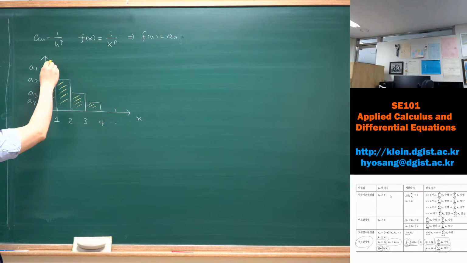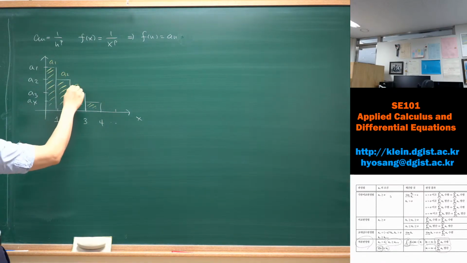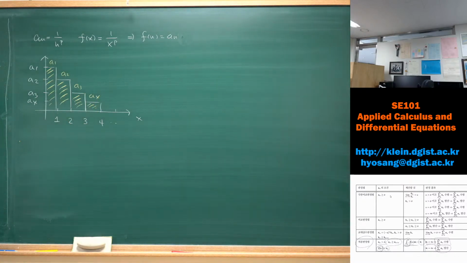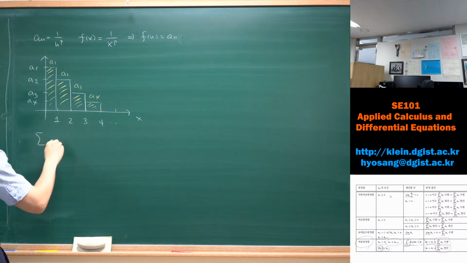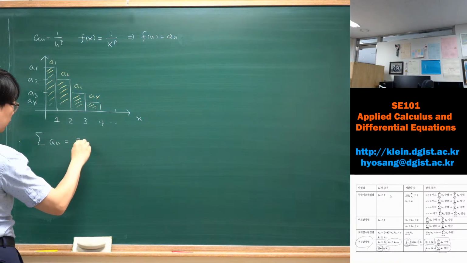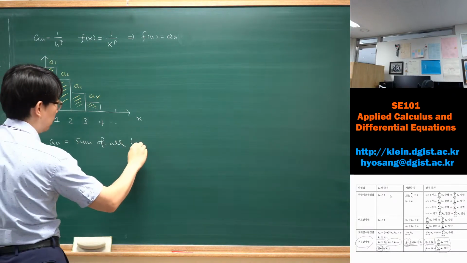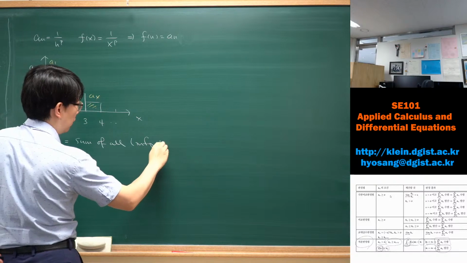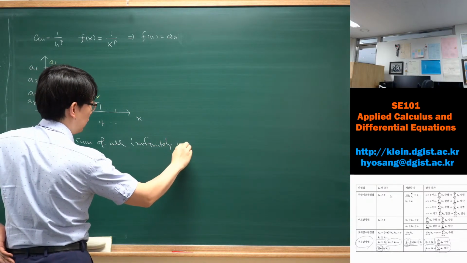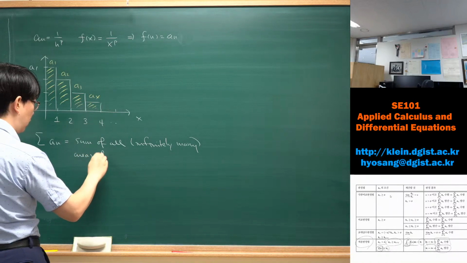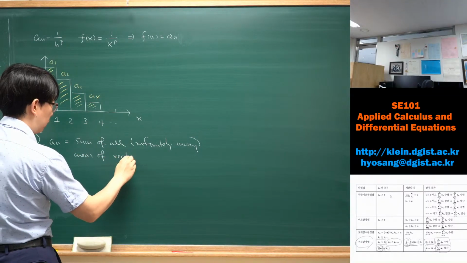So this is A1, A2, A3, and A4. So the series a_n is the sum of infinitely many areas of rectangles.